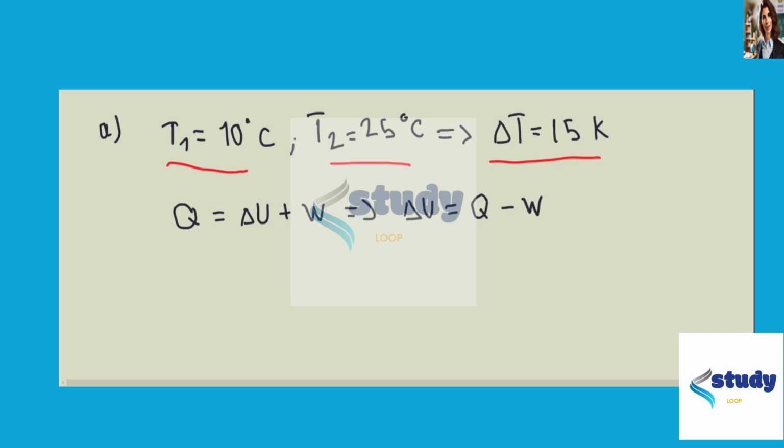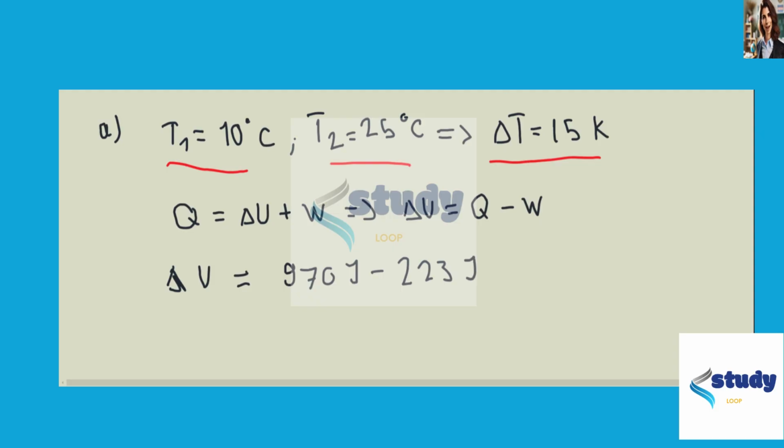We can then substitute the known values. We know from the problem that Q is equal to 970 joules and that the work done will be plus 223 joules, so this will be negative 223 joules.